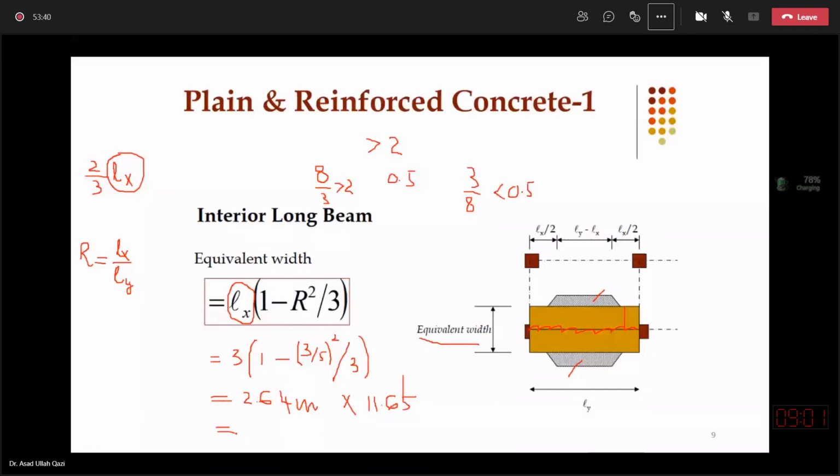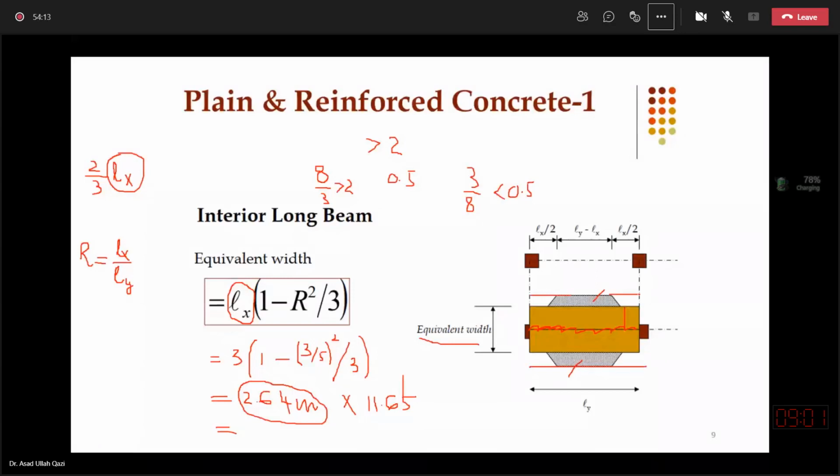Had it been a one-way slab, then obviously you would use the distance center to center, so 2.64 would increase to 3, as we did in our first example, where it was 8 by 3 and the total center to center was the load transferred to this beam. So rather than getting triangles near the ends, we are getting the full width effective.